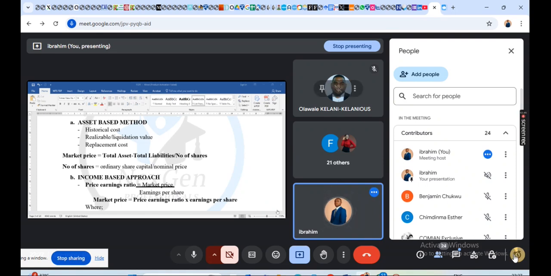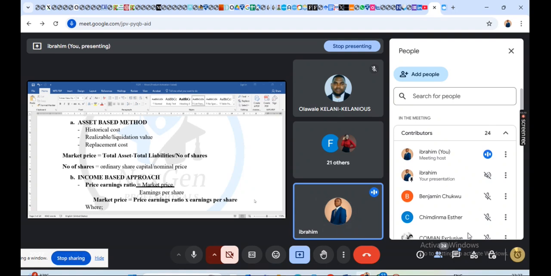Income-based approach. Another method of valuation is the income-based approach. A company, don't forget, that is listed on the Nigerian Stock Exchange market, you want to determine the value, the market price, class.